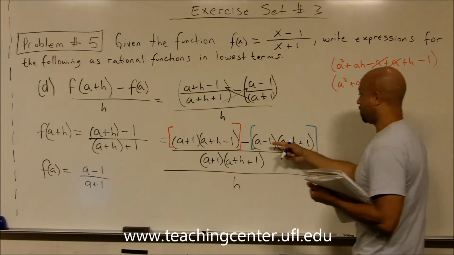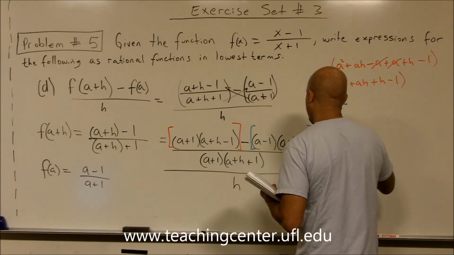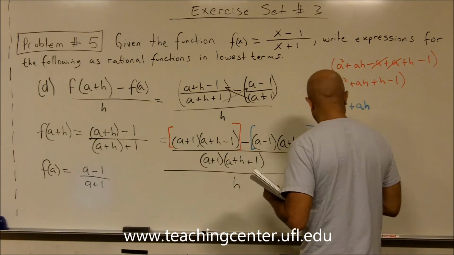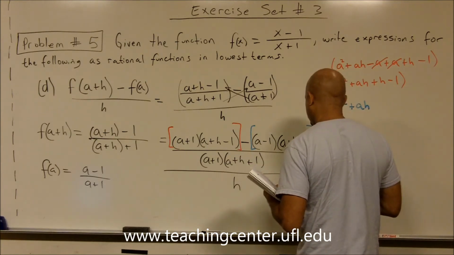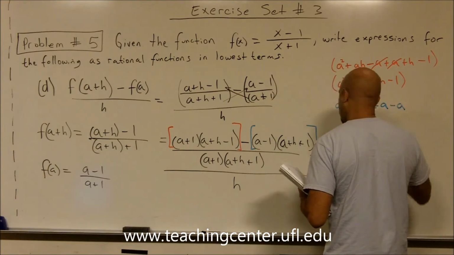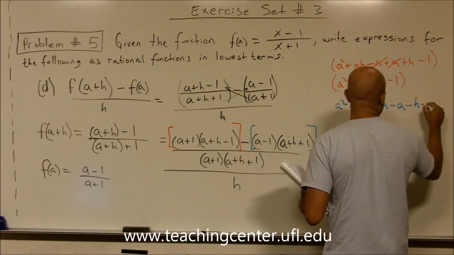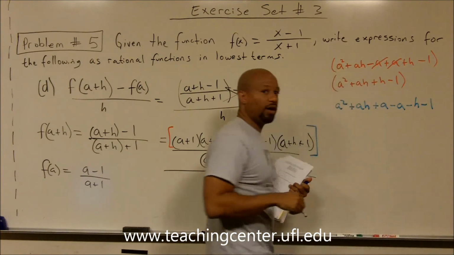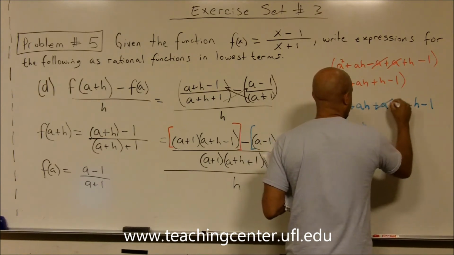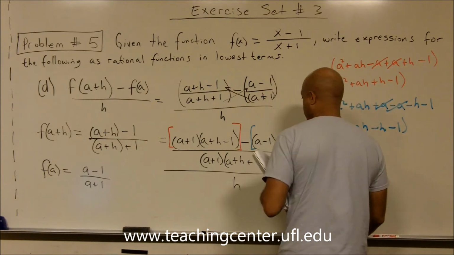Okay? Do the same thing for the blue term. We'll multiply these two quantities, so we'll get a squared plus ah plus a minus h minus 1. And if we simplify the blue, we get a squared plus ah minus h minus 1. Okay?